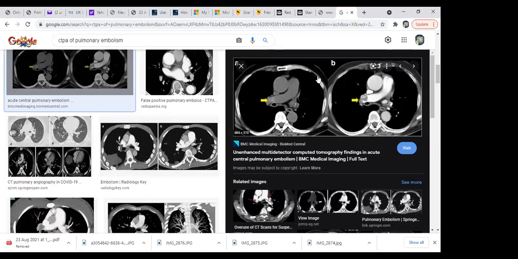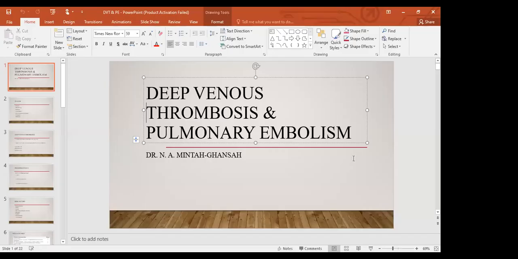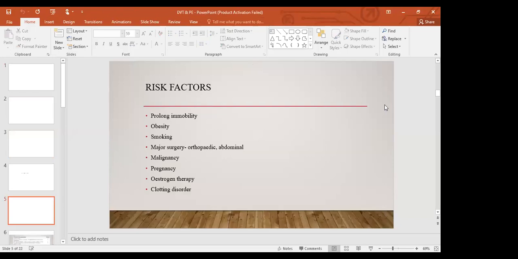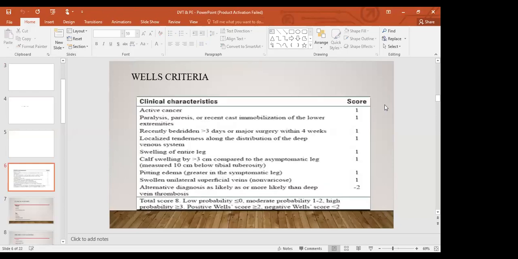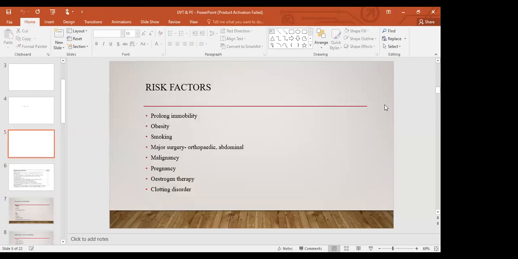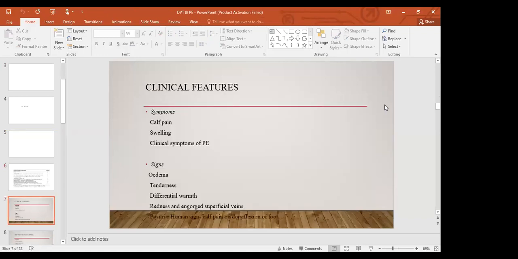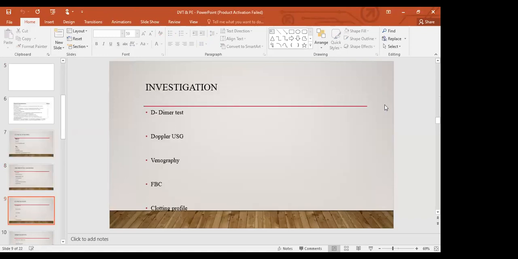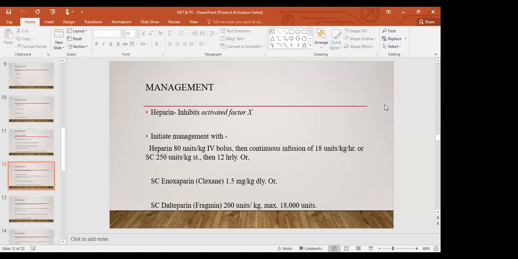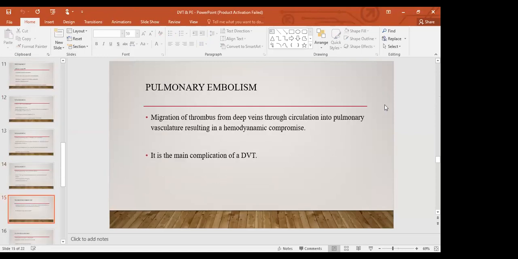So as I said, we had a session on pulmonary embolism. The first part was just some form of revision, sort of. When you go through your slides, you would find out that I've given you risk factors and then various clinical presentations if you think your patient has a PE.